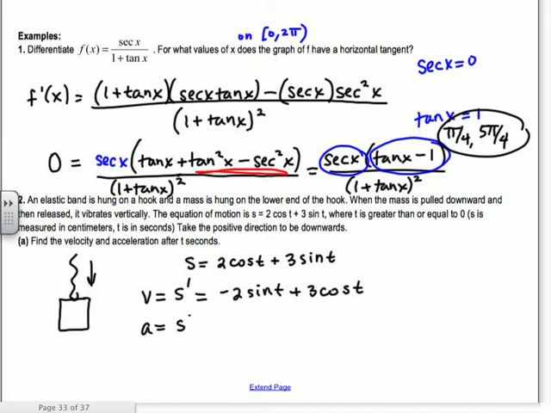Acceleration is S double prime, so the derivative of velocity. So it's negative 2 cosine of t minus 3 sine of t. Okay, those are our functions.